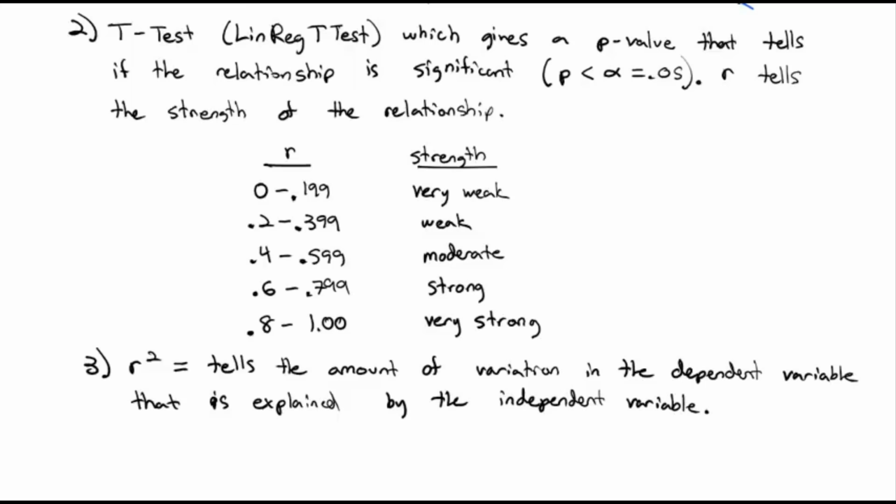How much of the changes in that dependent variable are explained by changes in the independent variable versus other factors?